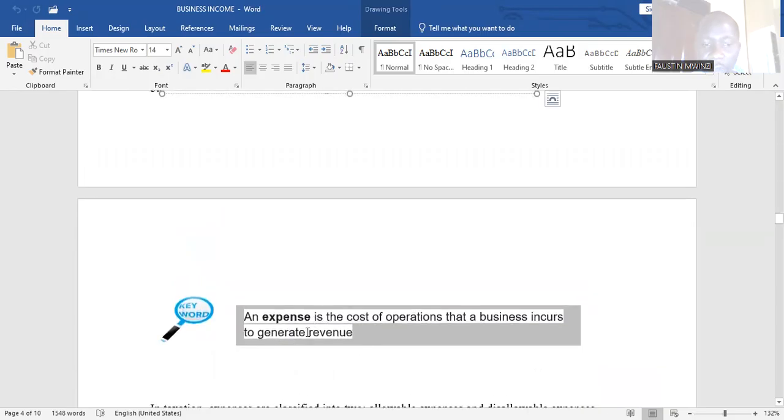We have this definition of an expense. An expense is the cost of operation that a business incurs to generate revenue. At this point, I need to introduce you to this income statement we are talking about.